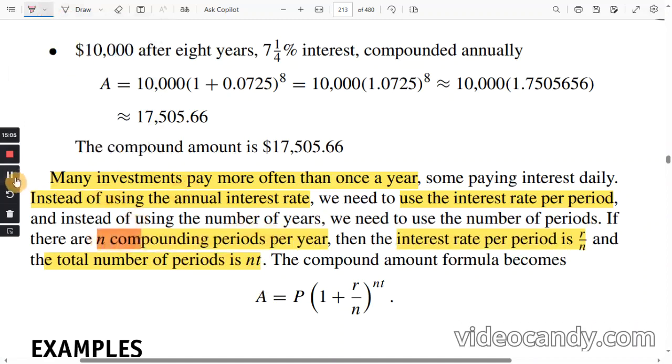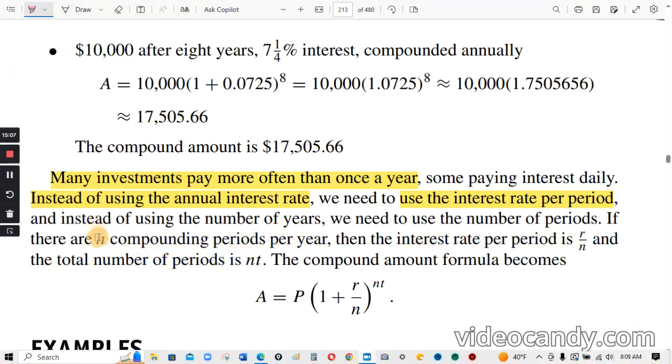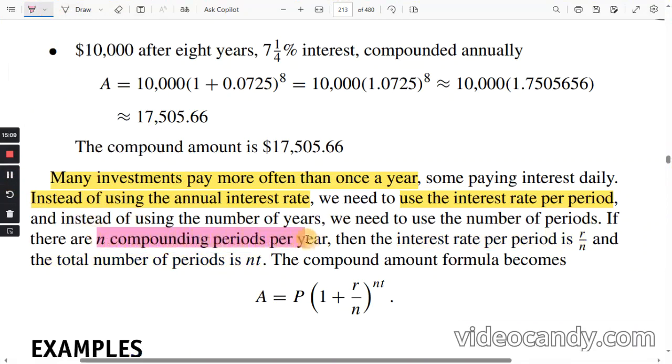Let me fix that. N is the number of compounding periods per year. Interest rate per period is R divided by N, and the total number of periods is N times T. So here is the new formula: instead of 1 plus R, it's 1 plus R over N to the power of NT.